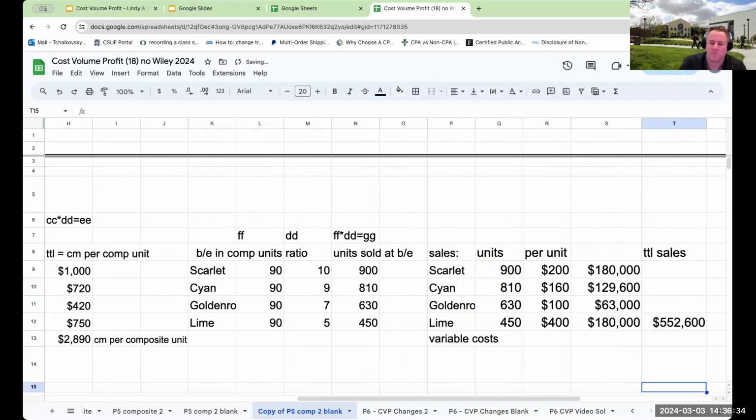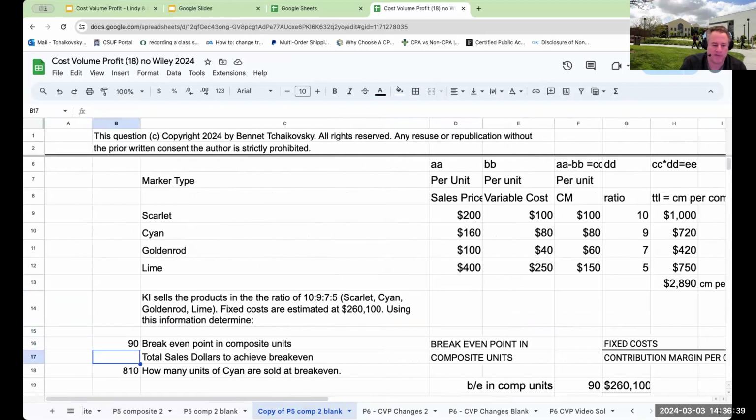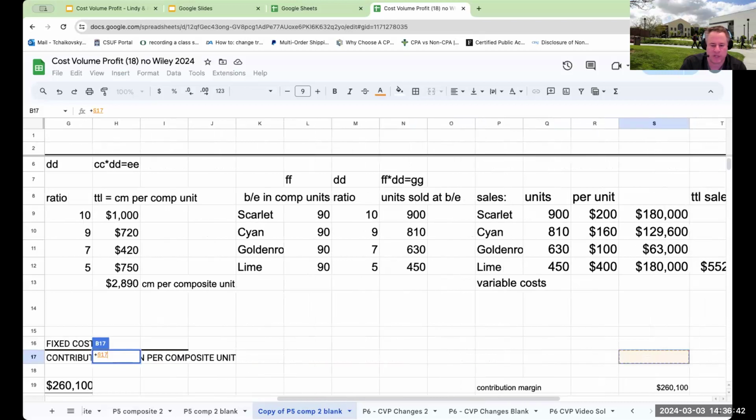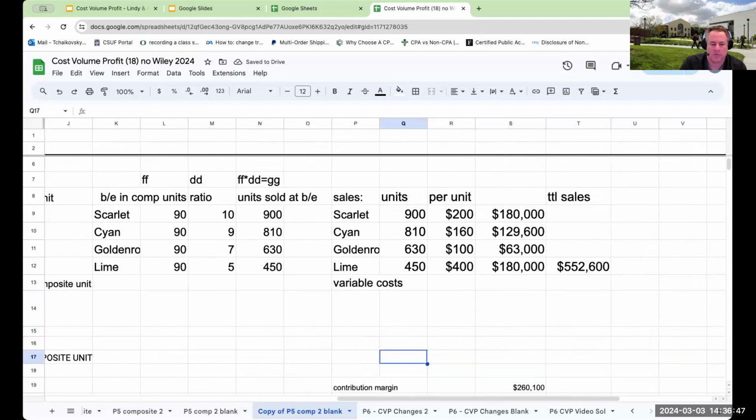Now, how do we know if this total sales amount I just computed, meaning my total sales dollars to achieve break even, is correct? Well, I have my sales minus my variable costs for scarlet, cyan, goldenrod, and lime. If I sold 900 units of scarlet, I must have had 900 units of variable costs. If I sold 810 units of cyan, I must have had variable costs on 810, 630, and 450 units.